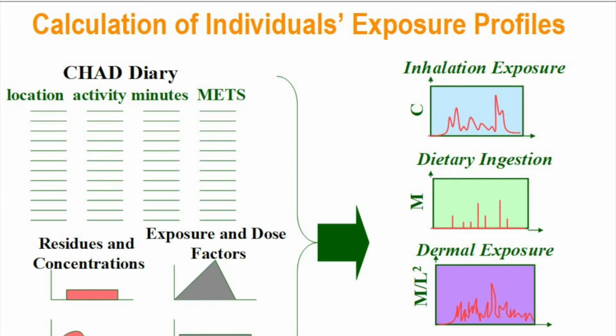The exposures go down a little bit, and then after the school day is over, the person starts getting more active, so the exposures go up. Similarly, dermal exposures depend on the activity and vary during the day, depending on where that activity is taking place, and non-dietary ingestion is the same way.